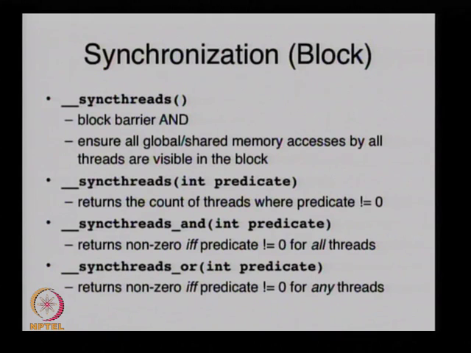So the second call in the slide will do sync threads. Everybody is going to come to the barrier, but it will also return a value, which will be how many. Everybody has to call sync threads, and everybody is calling the same version of sync threads. So sync threads with some predicate is being called by all the threads of the block.